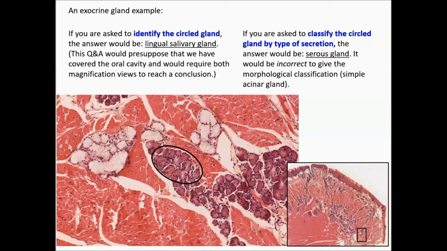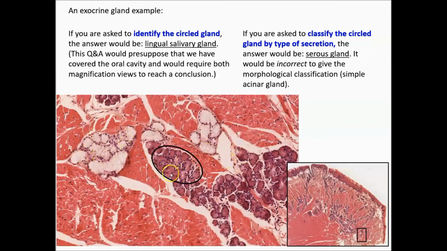And besides which, we're not doing morphological classifications of exocrine glands because it's not really clinically relevant for you to go through all of that, knowing whether they're simple or compound or what shape they are. So it's a simple acinar gland, but you don't really have to worry about that. You just have to really be able to classify these by what they're making.